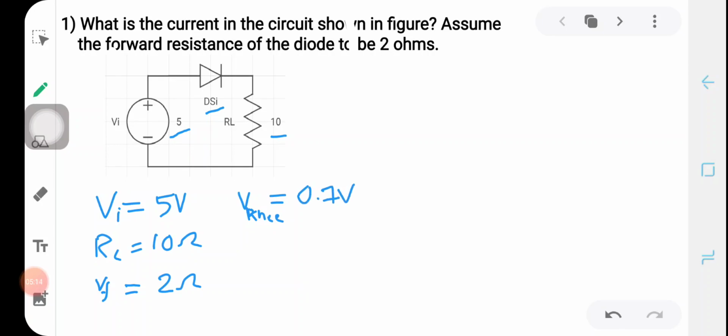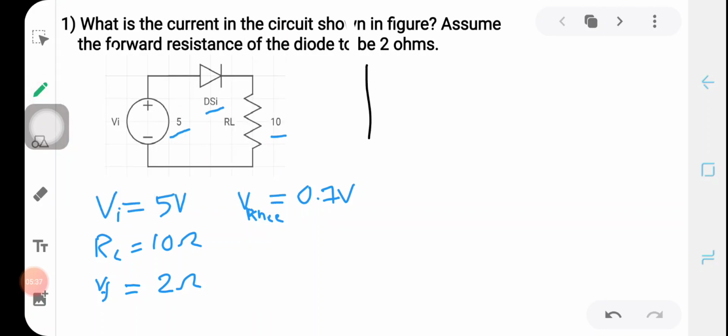If it is a germanium diode, then this knee voltage is 0.3 volt. Remember these two parameters. For a silicon diode, the knee voltage is always 0.7, and for germanium it is 0.3 volt. These two things will be in our mind.